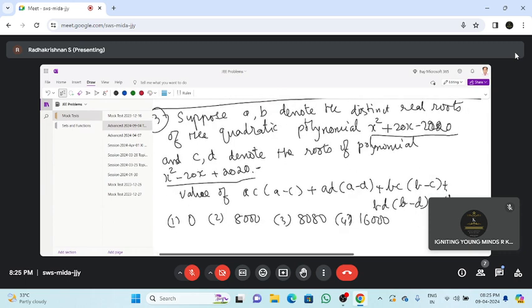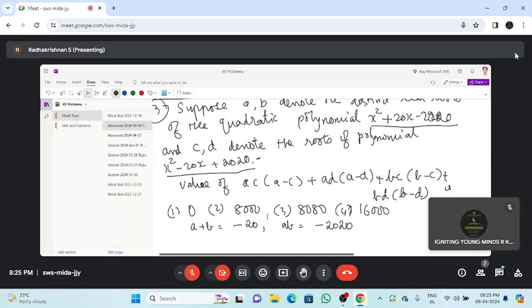So what we know is a plus b equal to minus b by a, that is minus 20. ab equal to c by a, that is minus 1020. c plus d equal to minus b by a, and cd equal to c by a.